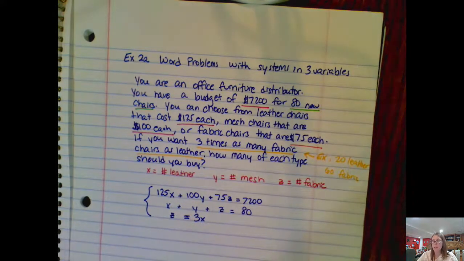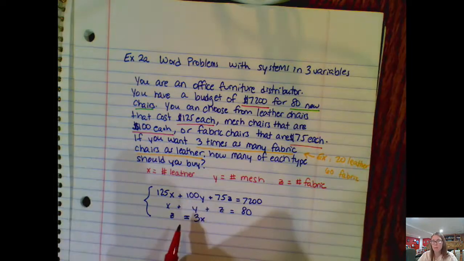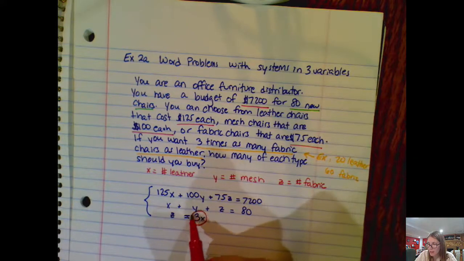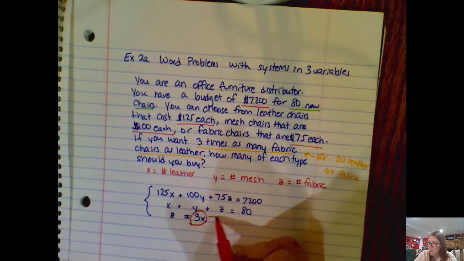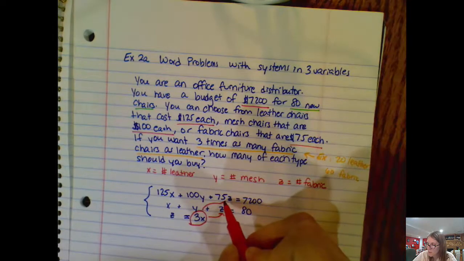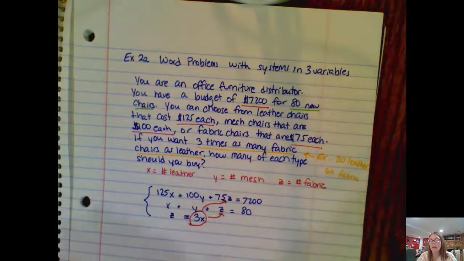So I'm going to show you substitution to solve this system, because I can substitute this in really nicely. So z equals 3x. Everywhere I see a z, I'm going to put my 3x. And this will actually eliminate our z variable as well.